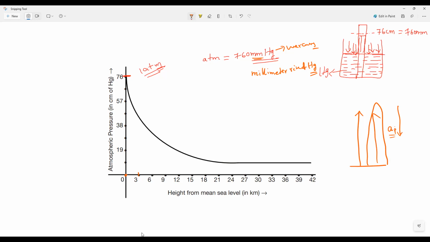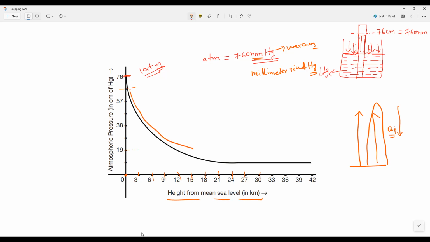If you go 3 kilometers above the ground, atmospheric pressure reduces. Then 6, 9, 12, 15, 18, 21, 24, 27, 30 kilometers, the height from sea level. If I keep going, you can see a drastic downfall of atmospheric pressure.